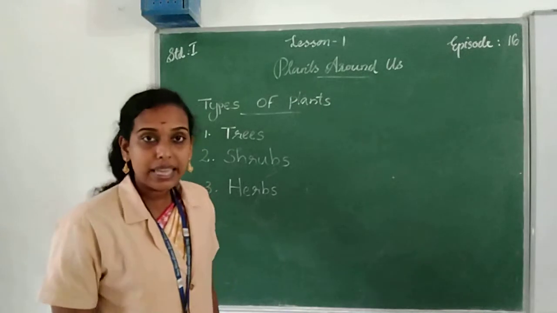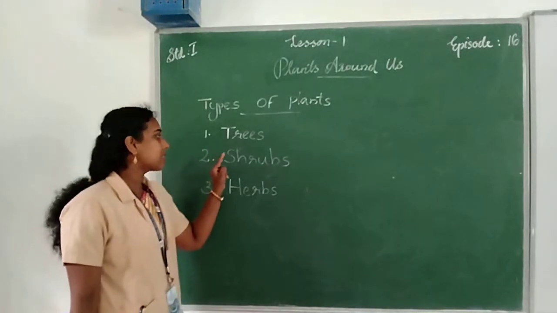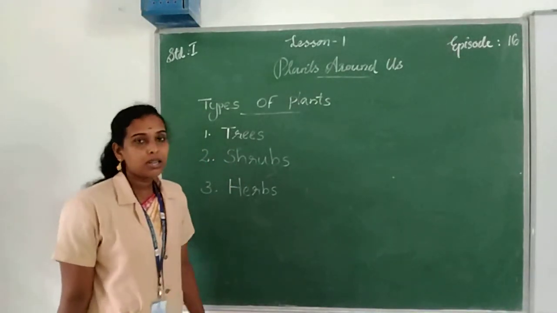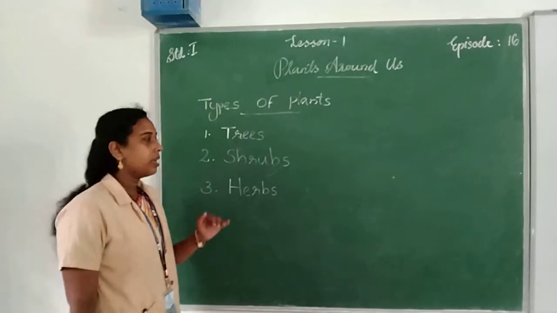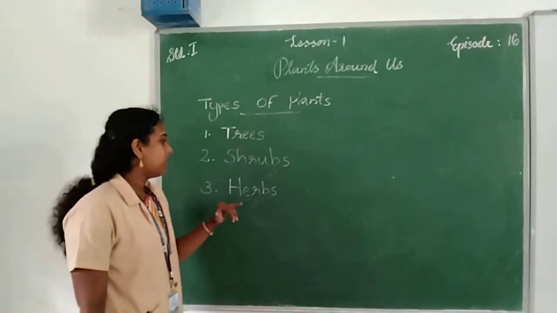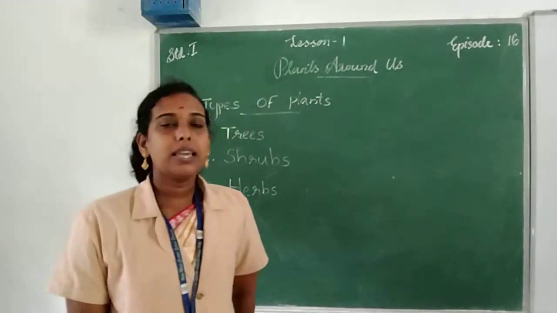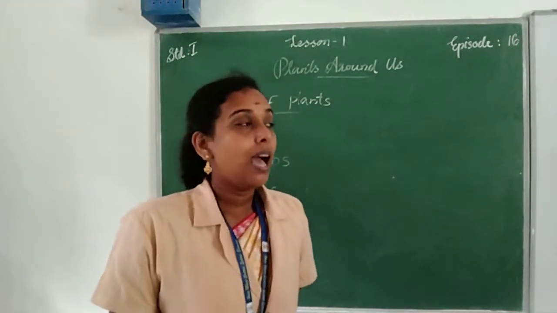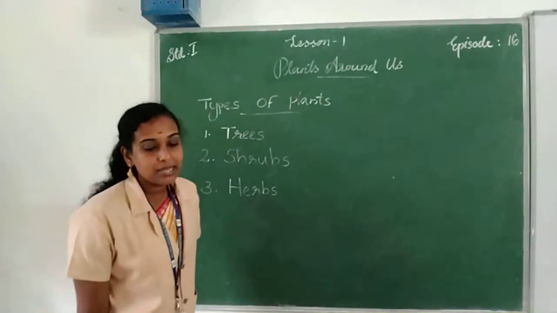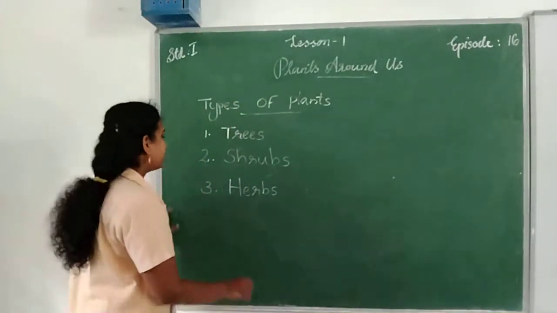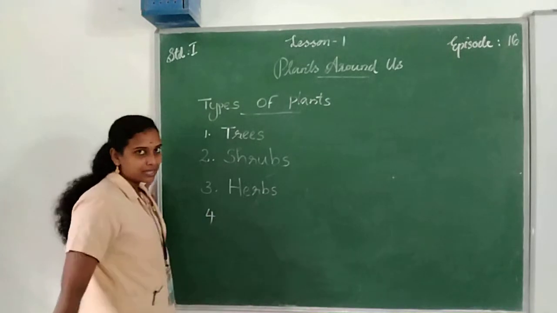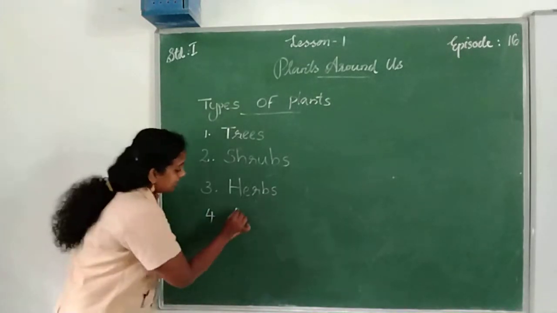T-R-E-E-S, trees. S-H-R-U-B-S, shrubs. H-E-R-B-S, herbs. And the next type of plant is climbers. So what is the spelling of the word climbers?